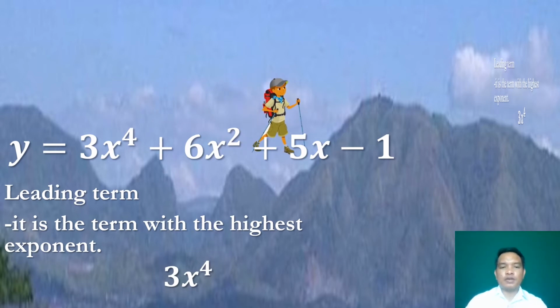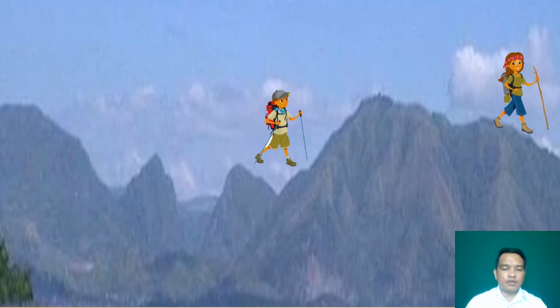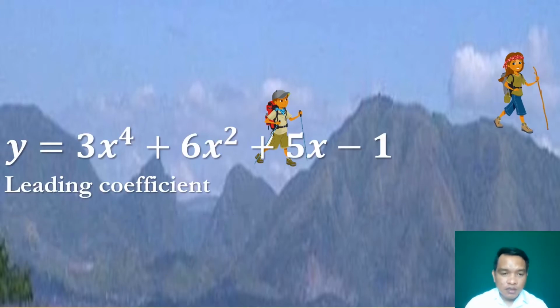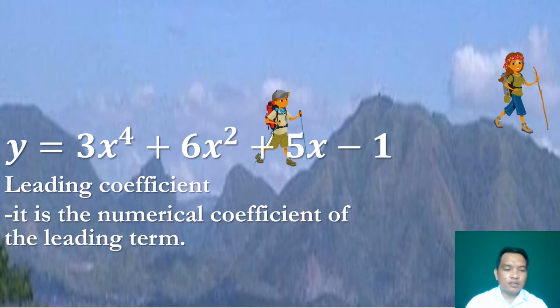Ipagpatuloy natin ang paglalakbay sa pamamagitan ng tatlong tanong. What is the leading coefficient? Leading coefficient, it is the numerical coefficient of the leading term. Ang leading term natin kanina is 3x raised to 4. Sabi dito, numerical coefficient of the leading term.